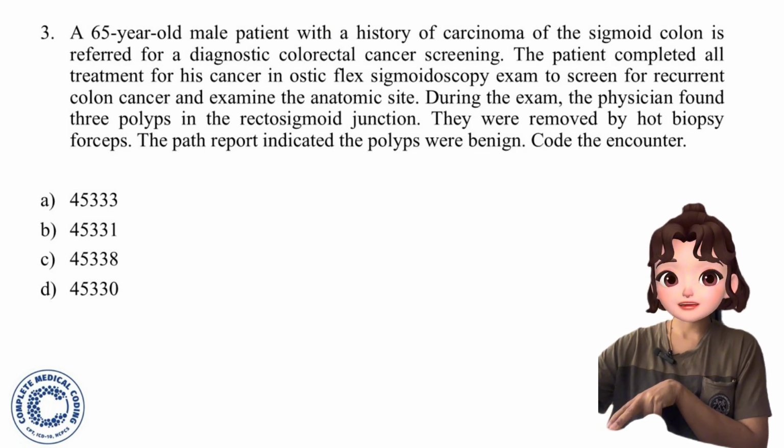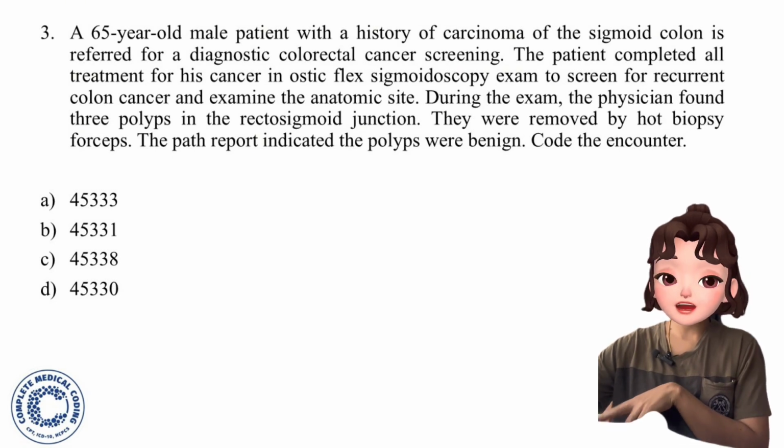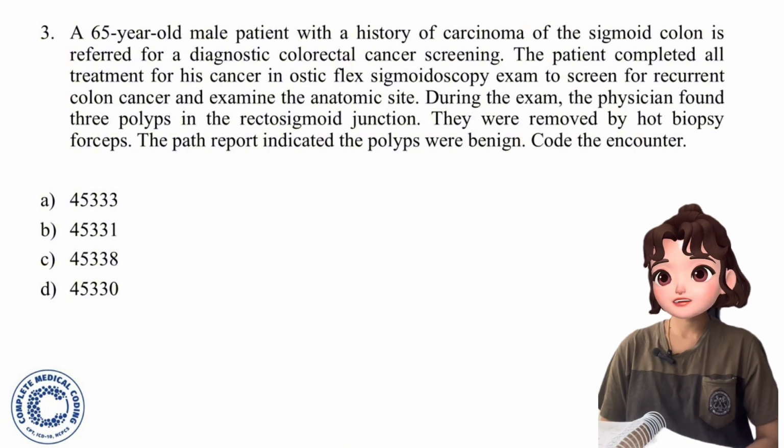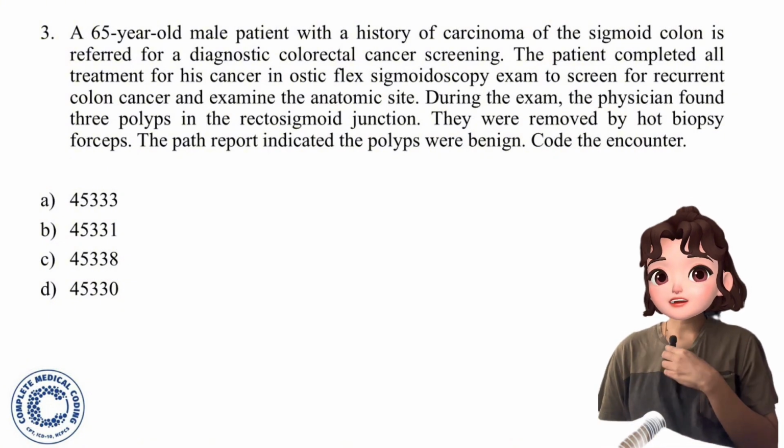See, we got the exact CPT code, the exact description. Hot biopsy forceps, 45333. If you want, you can check one more code, 45338, again with removal of tumor, polyp or other lesions by snare technique. No, this is not snare technique. This is hot biopsy forceps. The procedure was carried out by hot biopsy forceps.